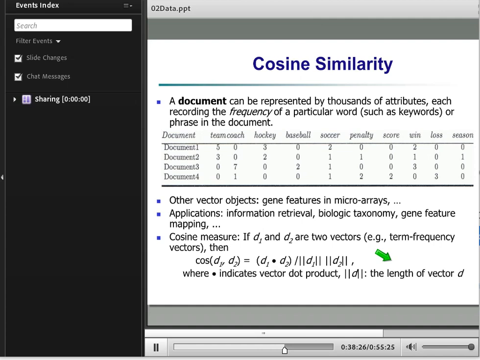One more way to calculate the similarity between two objects is Cosine similarity. When I'm talking about search engines, for example Yahoo, Google, Bing, how do they rank different web pages?